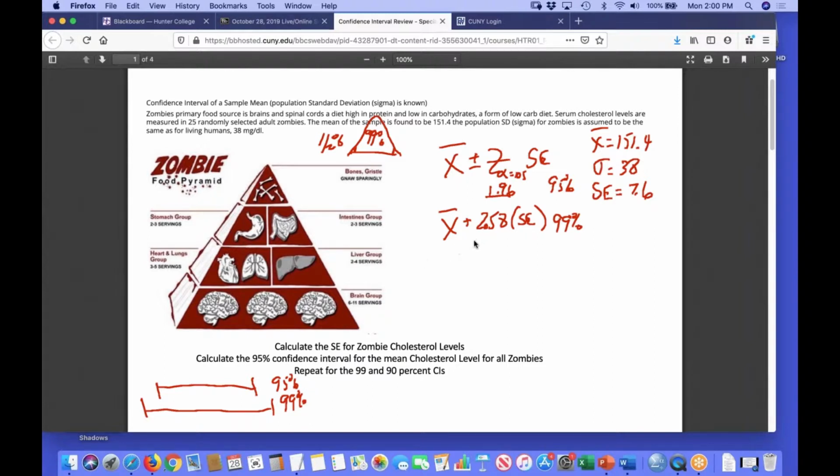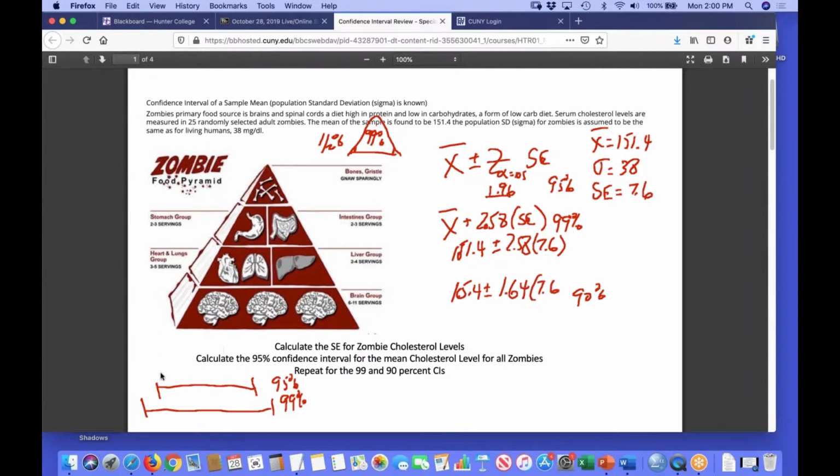So in this case, it's going to be 151.4 plus or minus 2.58 times the standard error, which is 7.6. And how about if we also look at our 90% confidence interval? Well, the 90% confidence interval is going to be 151.4 plus or minus, and in this case the z-score we're going to use is 1.64. Again, this is a smaller number, so what's going to happen?